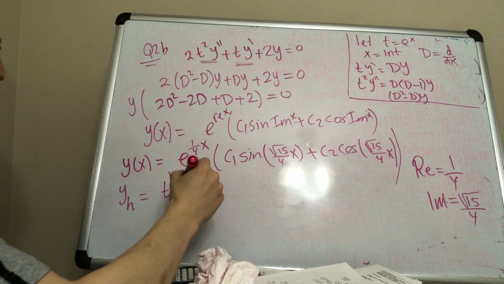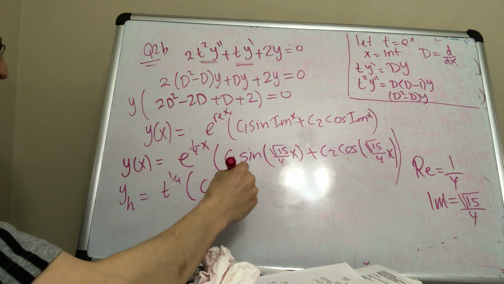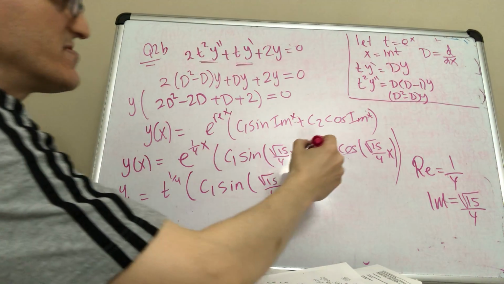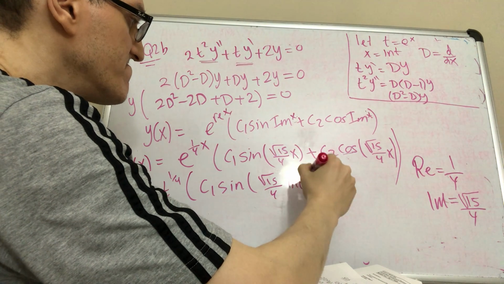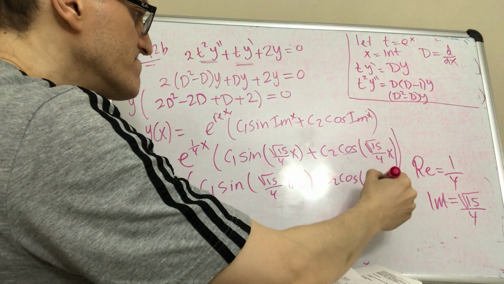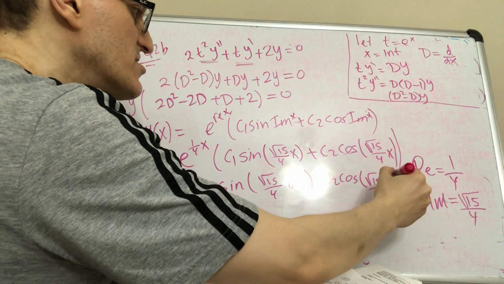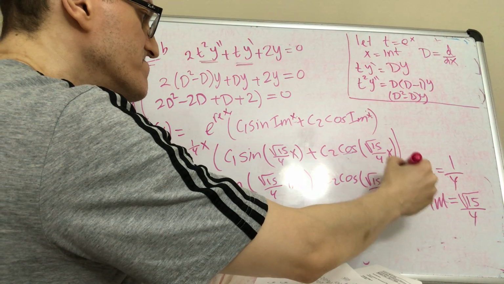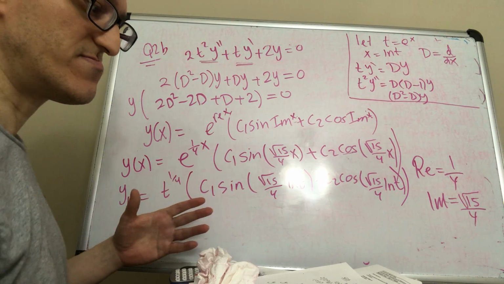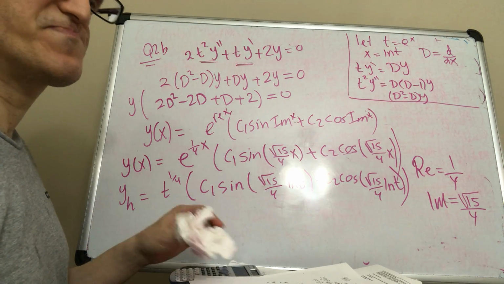Root 15 over 4, instead of x, we put ln t. So this is the answer for the question.